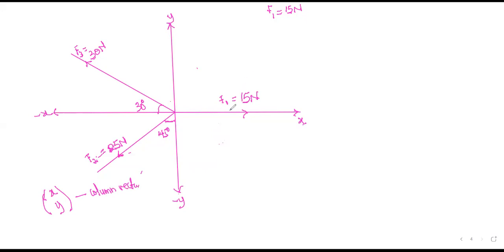Okay, so F1 has 0 vertical. Once this force is acting along the x-axis, it means it only has a horizontal component or x component and has no vertical component. Class, are you with me?